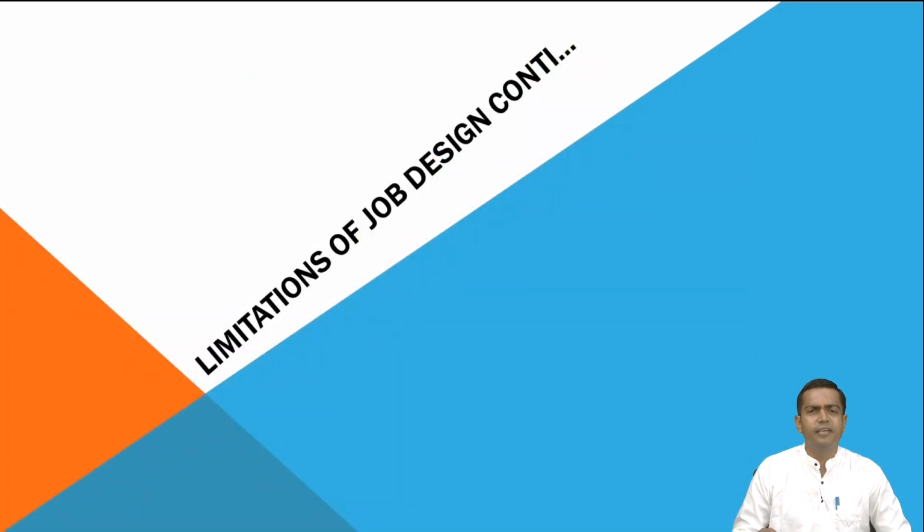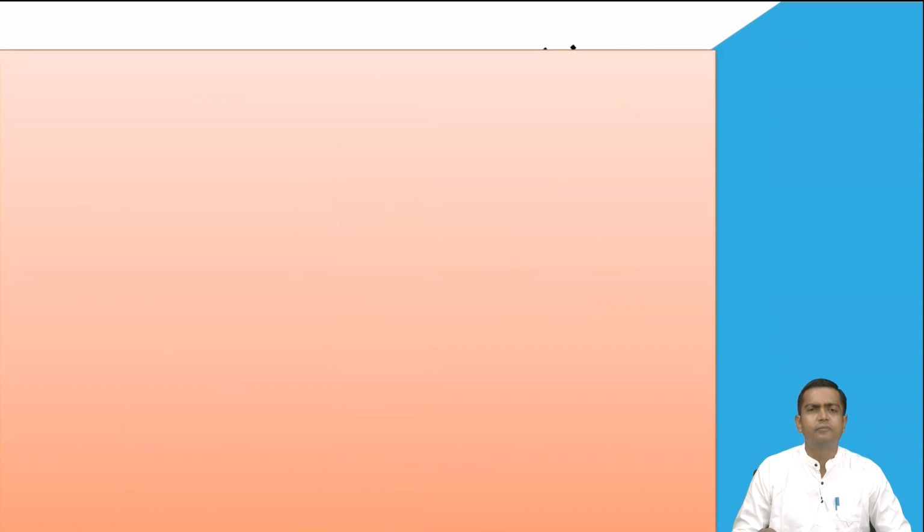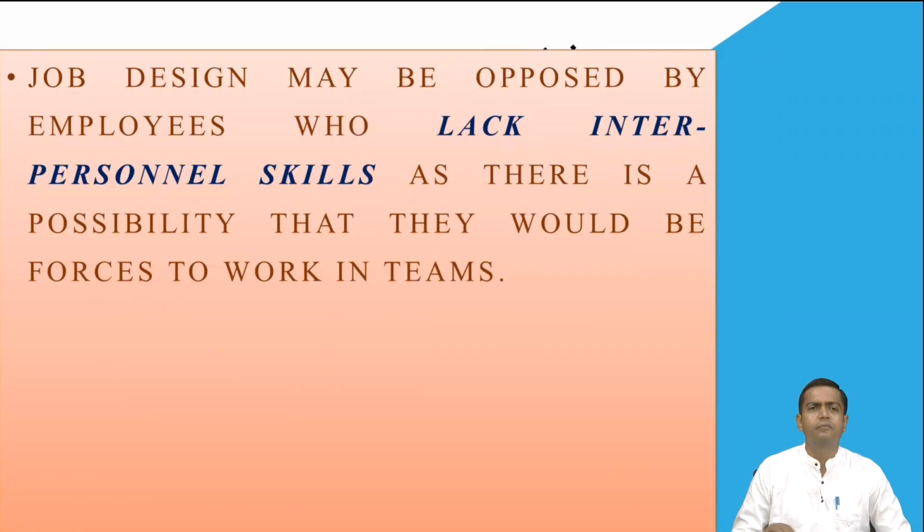Couple of more limitations. Now, job design may be opposed by employees who lack interpersonal skills, as there is a possibility that they would be forced to work in teams. Now again, there is a problem. Like I told you in the last session, this is an era where you have to work in teams.